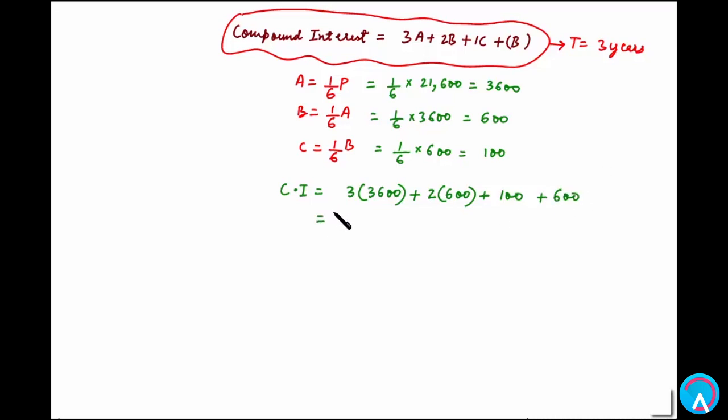So this will be equal to 10,800 plus 1,200 plus 100 plus 600. So this will be equal to 12,700.